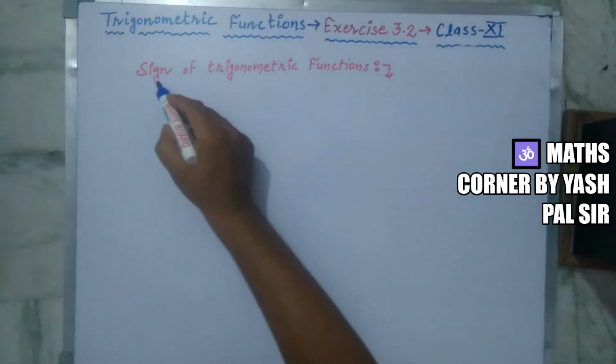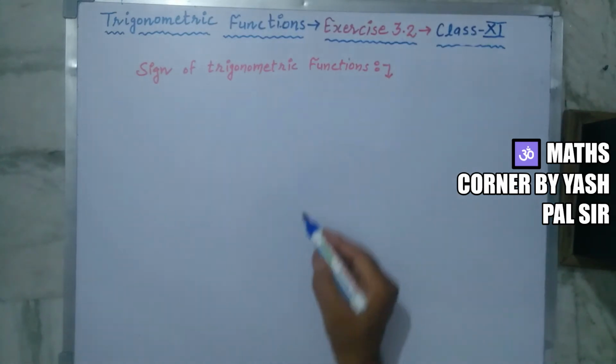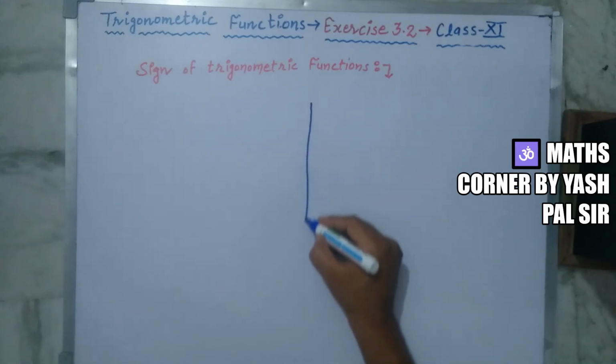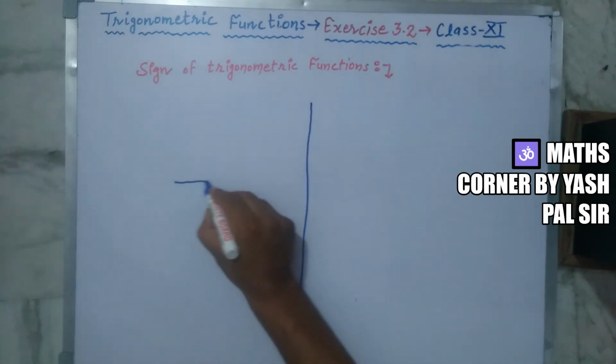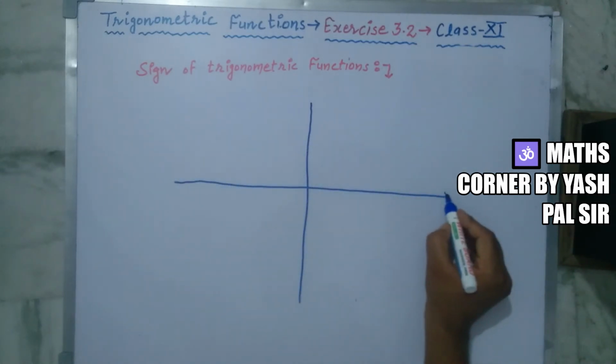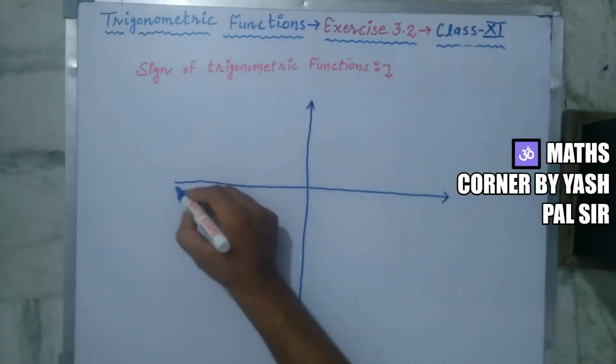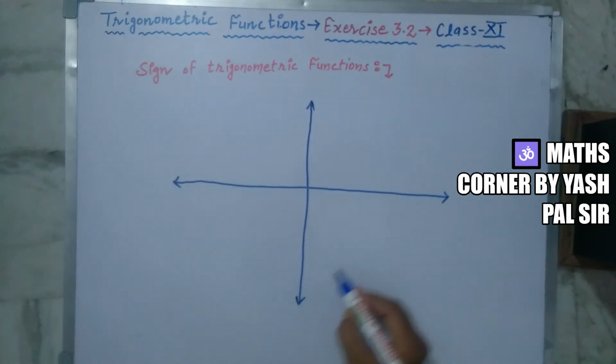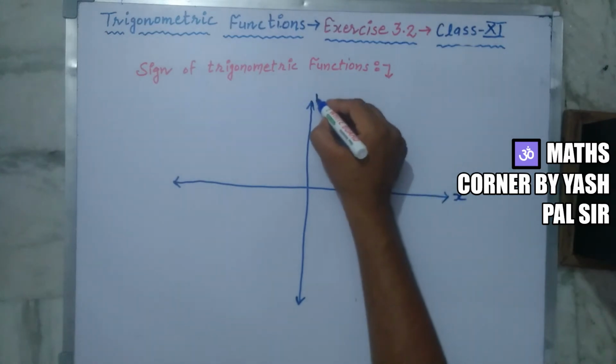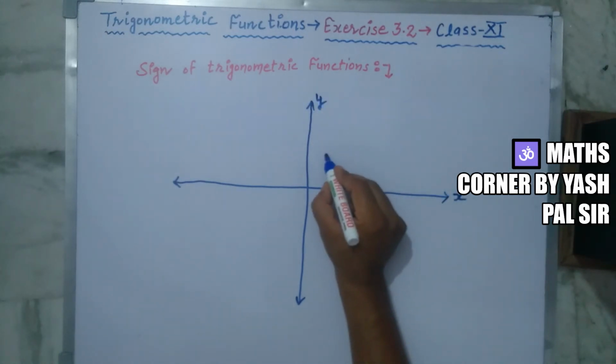Now we shall discuss the signs of trigonometric functions. Suppose we have the Cartesian plane. This Cartesian plane is divided into 4 equal parts by the coordinate axes. So this is called the first quadrant.